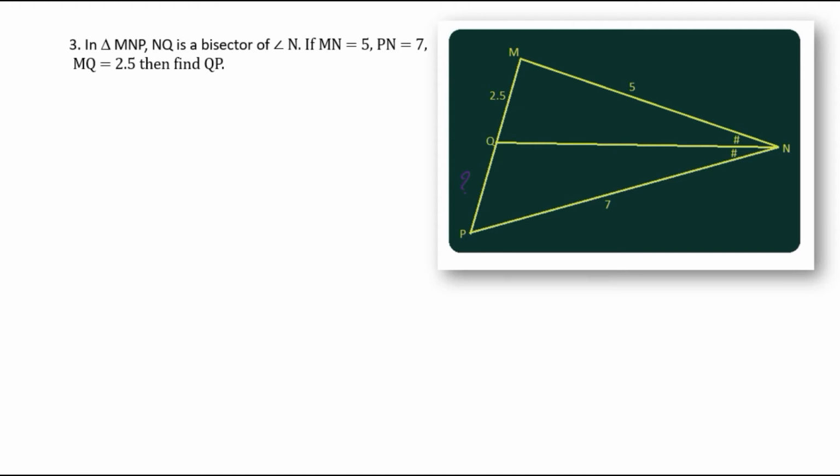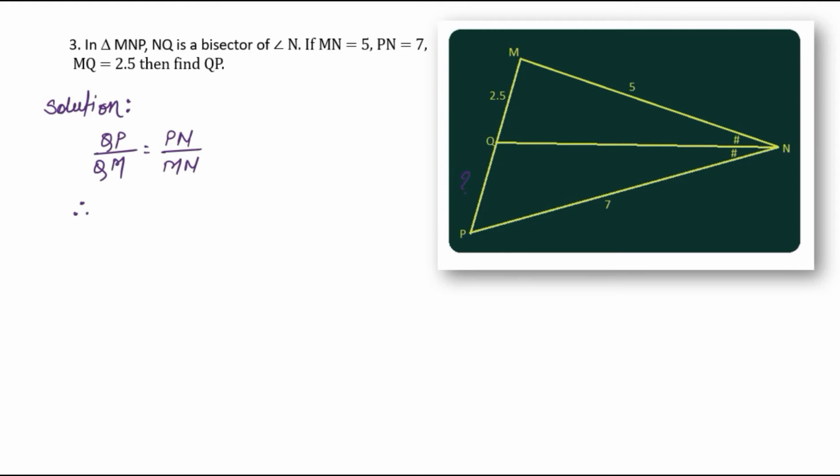As this is the case of angle bisector theorem, we can use it to find the ratios. So QP upon QM is equal to PN upon MN.